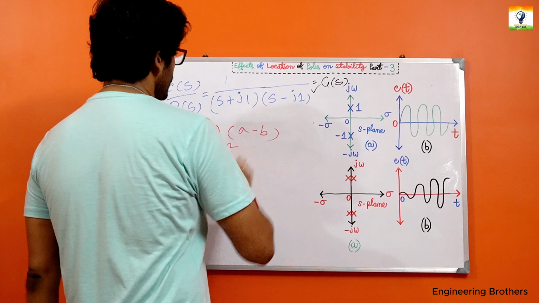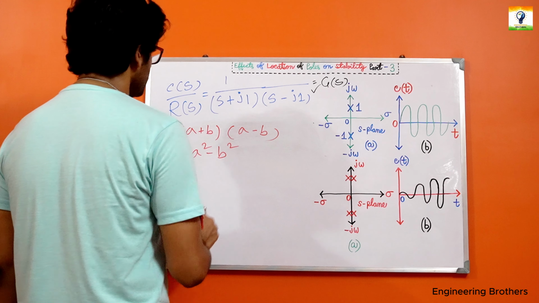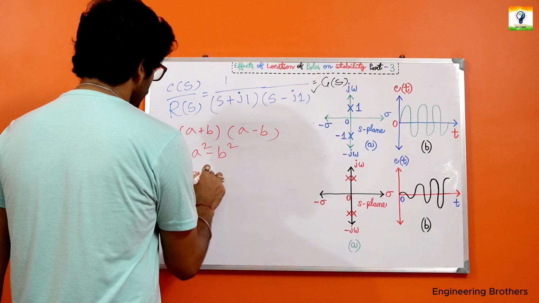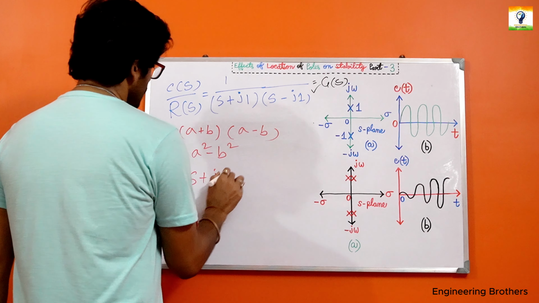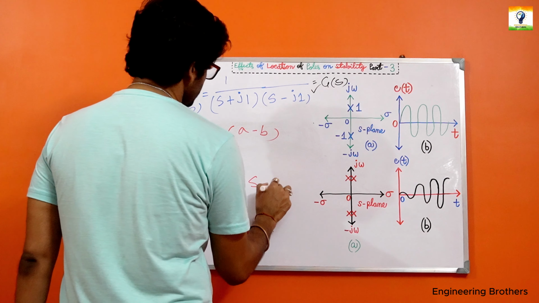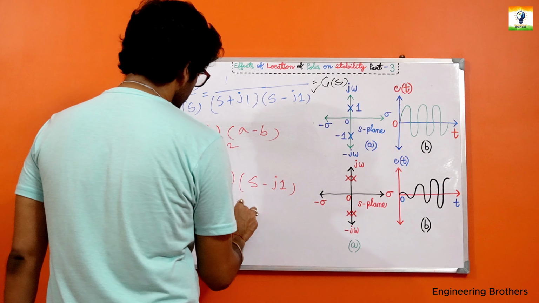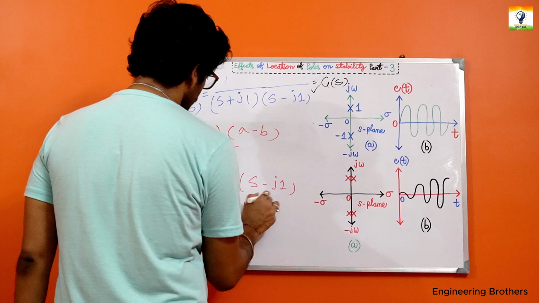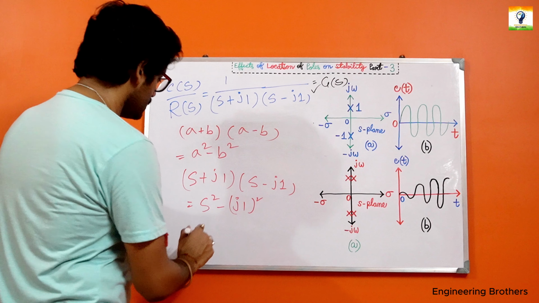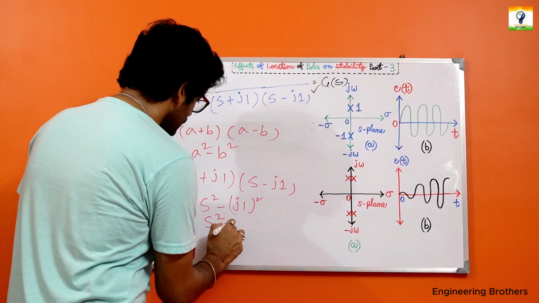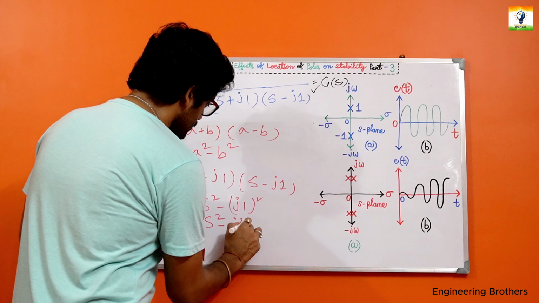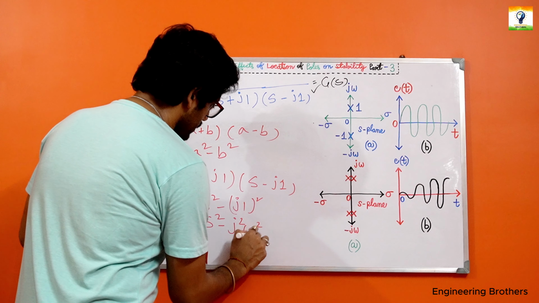According to our given equation for our G(s), (s plus j1) and (s minus j1) will be given as s square minus j1 square. Now this one will be s square minus j square 1 square.